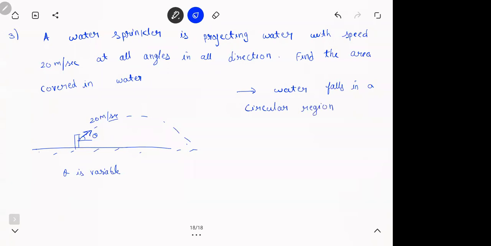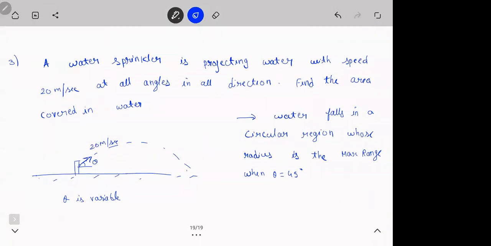When the water is being sprinkled at an angle theta, it will be falling in a circle whose radius is the maximum range. The farthest you can throw the water is when theta is 45. So the water that is sprinkled at 45 degrees will fall the farthest.